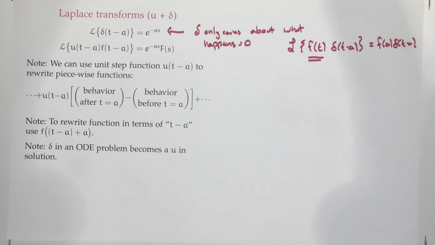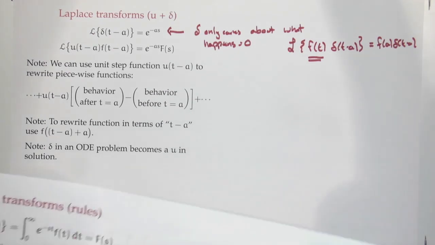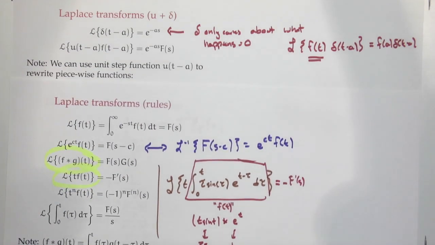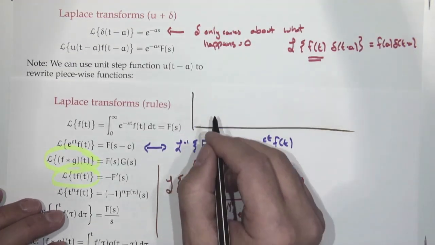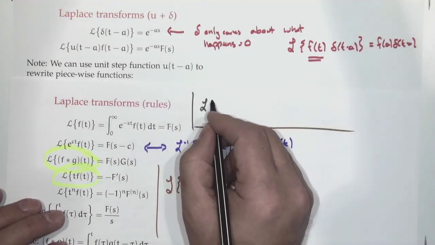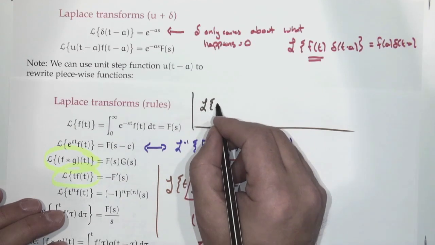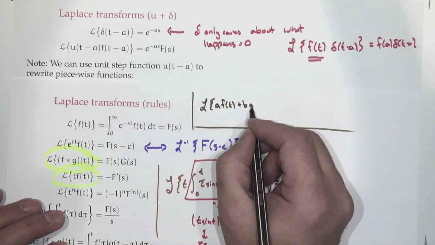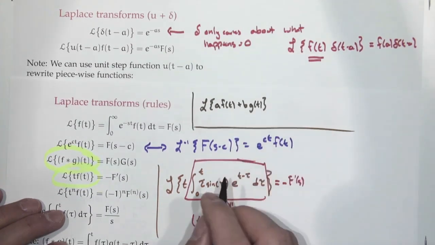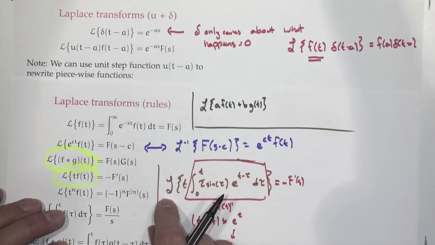Which reminds me, I forgot to write something down. Jumping back, because I'm allowed to do that, there's one rule that I didn't write down that's not on the formula sheet, but we use it so often, it's probably ingrained into our hearts. If I have the Laplace transform of a f of t plus b g of t, where a and b are constants, what can you do?